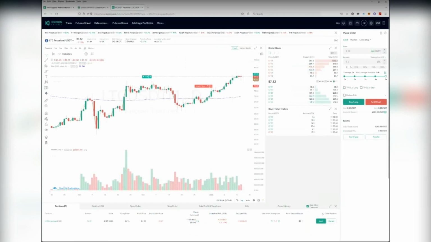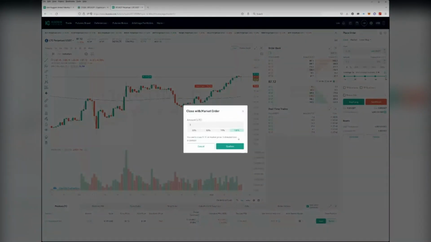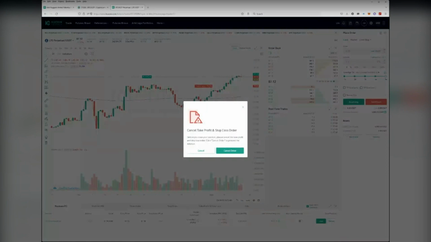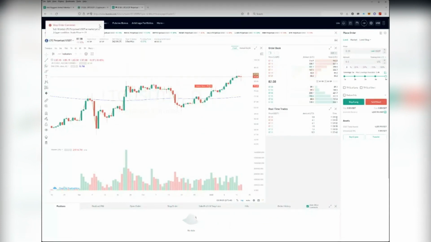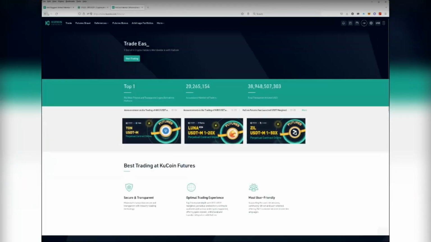Okay, you know what? I'm gonna close this out. Done with this trade. Close that one. What other ones do we have? Hurry up. Whoops.